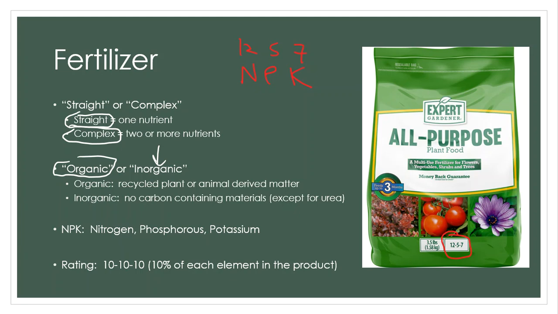Then they can add filler, some bulking agent, so that when you put your hands into that fertilizer and sprinkle it across your lawn or your flower beds, you're not putting your hands in full-blown chemical reagents. That's what an inorganic fertilizer is.